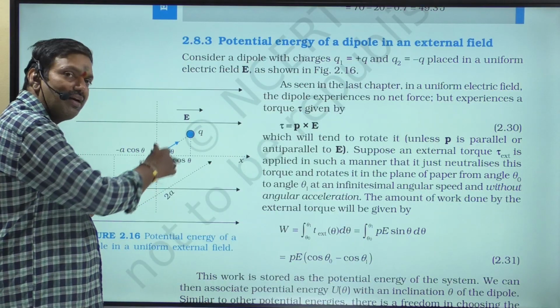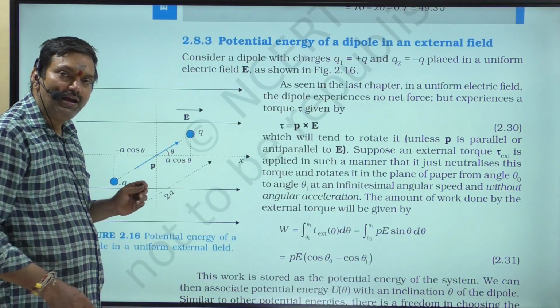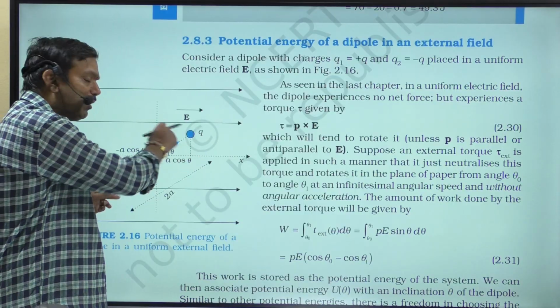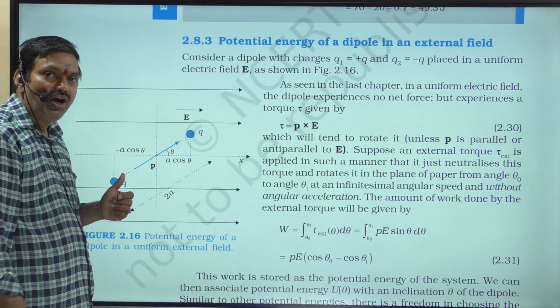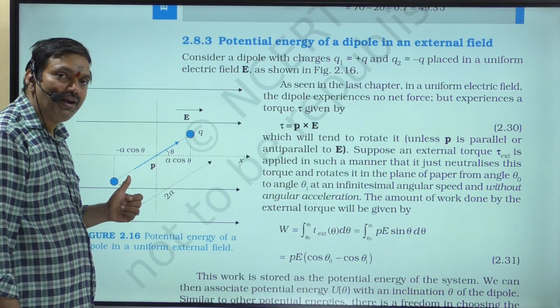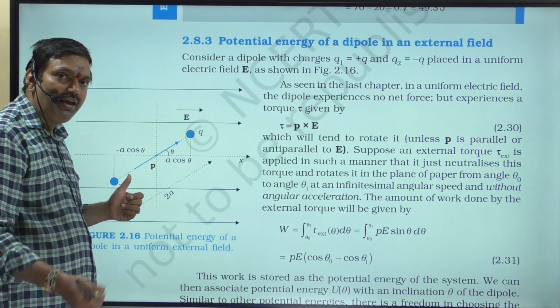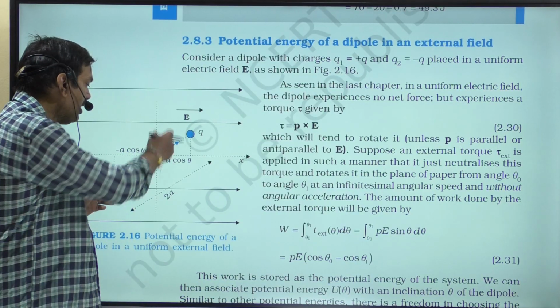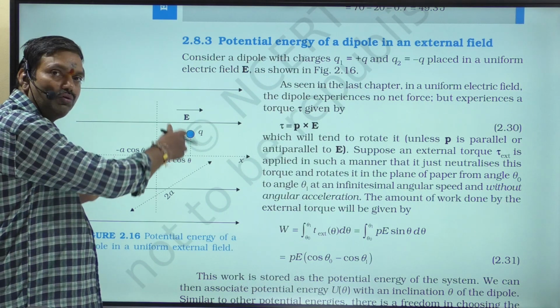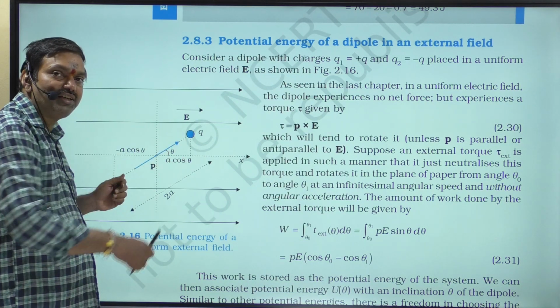Right? Since it is a dipole, two forces will be acting. Because one is a positive charge and the other is a negative charge, the two forces are equal in magnitude but opposite in direction, acting at the ends of the dipole.